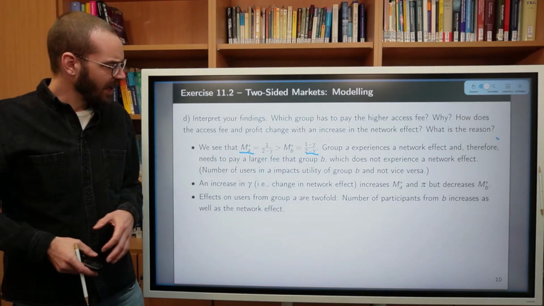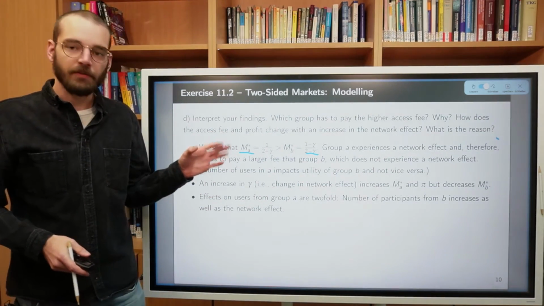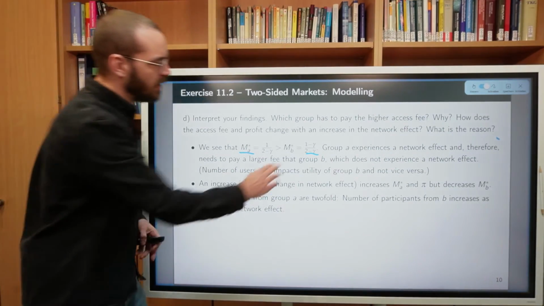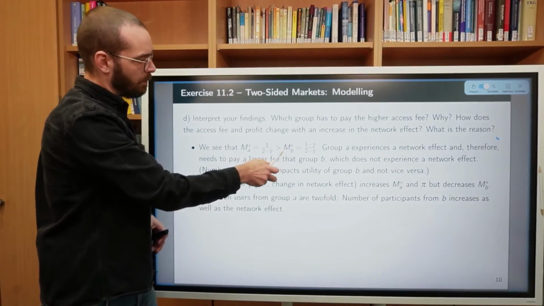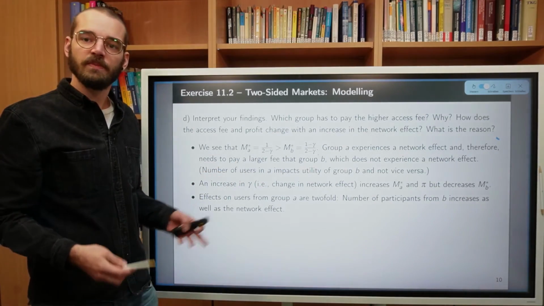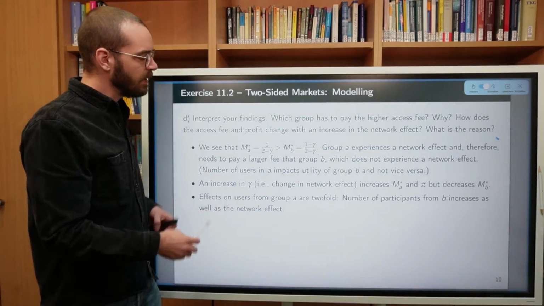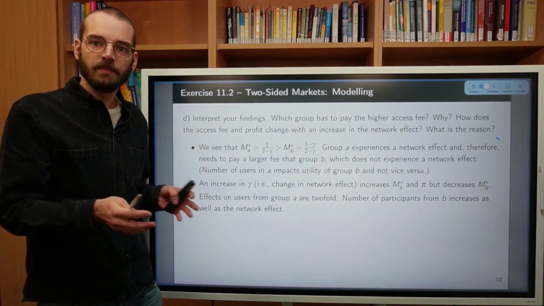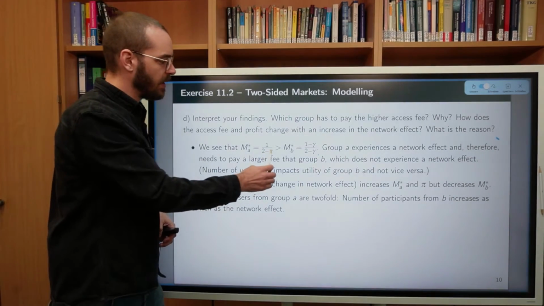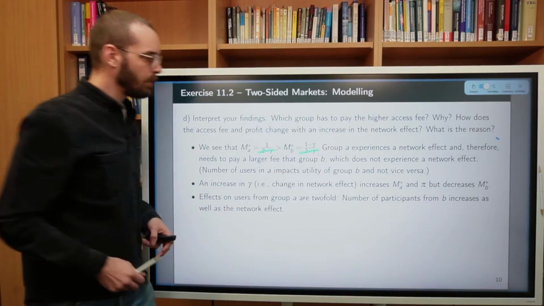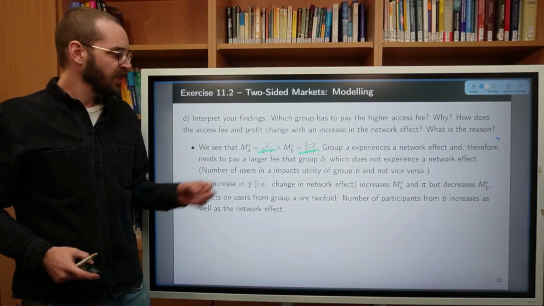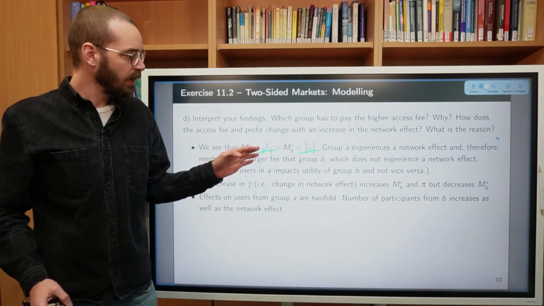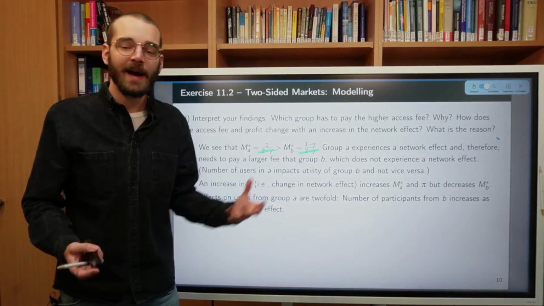This might not be as trivial on first sight, but on second inspection you will notice that when we are comparing these two membership fees, we can simply multiply both of them with 2 minus gamma, then this whole lower part of the fraction is gone on both sides, and what we are then left with is MA equals 1 and MB equals 1 minus gamma.